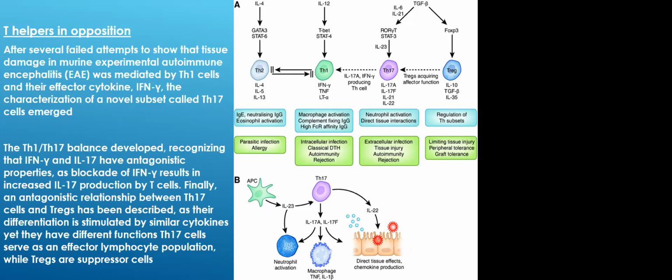And they do have similar cytokines. What is the similarity? The common cytokine between Th17 and Treg is transforming growth factor beta. But what really makes it move toward either Th17 or Treg is interleukin 6 and interleukin 10. If you have high interleukin 6, it moves things into Th17.